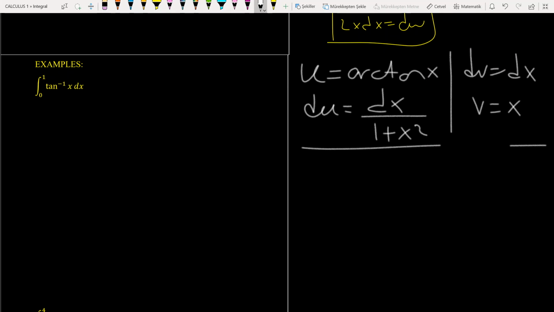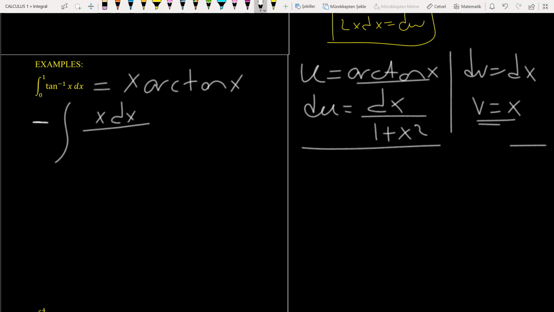Using all this information and the formula of integration by parts, this is equal to u times v, x arctangent x, minus integral v du, x dx over 1 plus x squared.